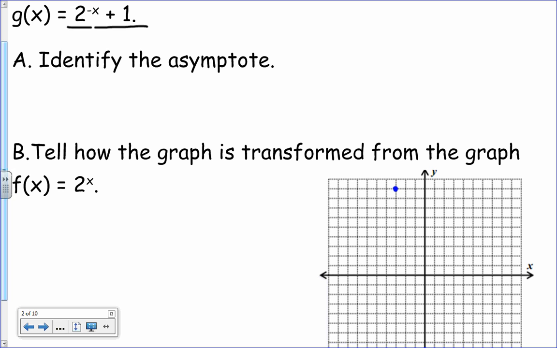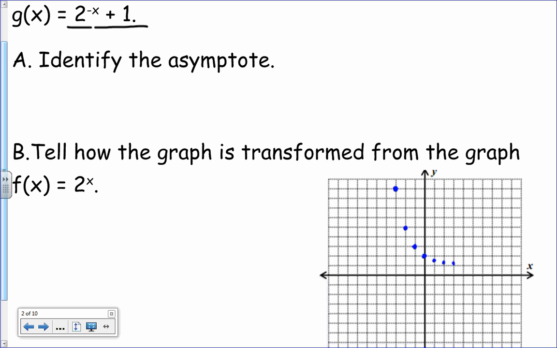We can plot -2, 5, I go left 2 and up 1, 2, 3, 4, 5 spots. -1, 3, so left 1, up 3. 0, 2. And then we start getting a little smaller. We've got the point 1 and 1.5, 2 and 1.25, 3 and 1.125.